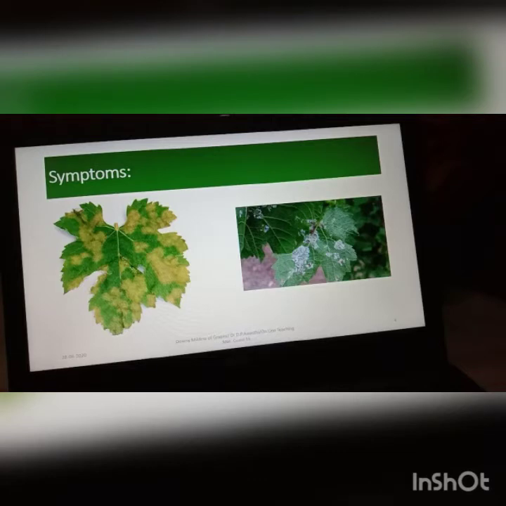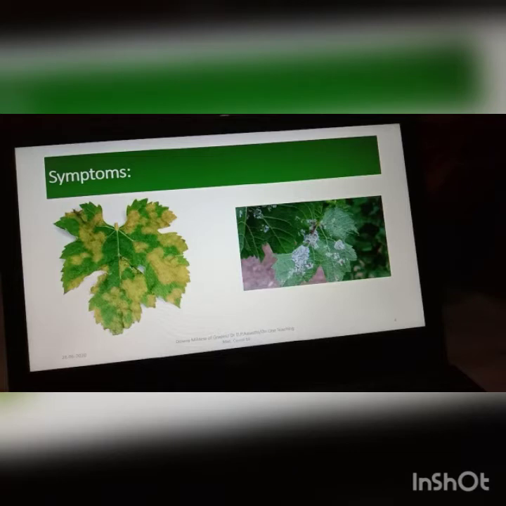Infected leaves, shoots, and tendrils become covered with whitish growth of the fungus. Flowers and young berries are also infected. Infected inflorescence first turns oily, yellowish brown, and may develop downy growth during periods of high humidity.